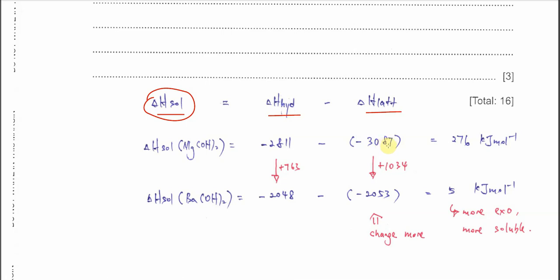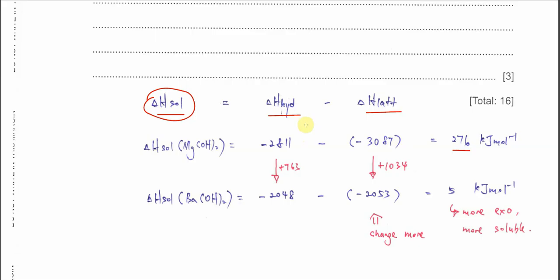If we combine these two, we get 276 kilojoules per mole. This is the hydration enthalpy for the magnesium ion and hydroxide together, and the lattice energy of magnesium hydroxide.